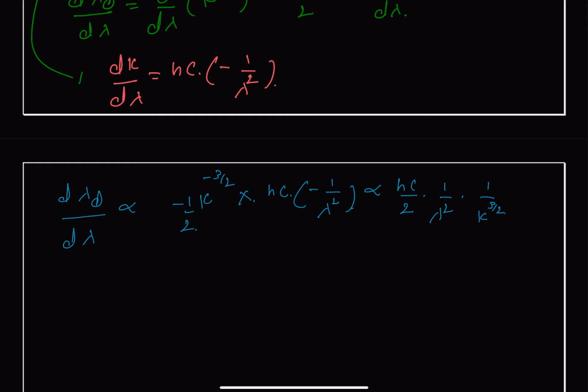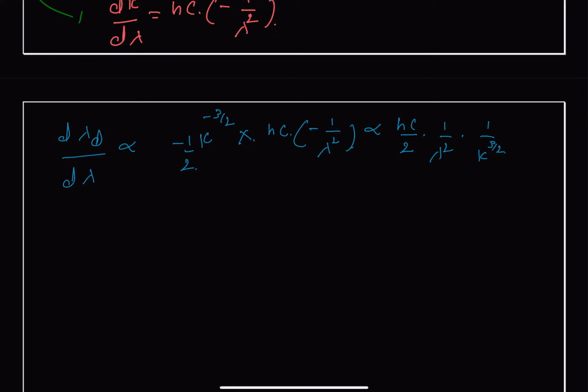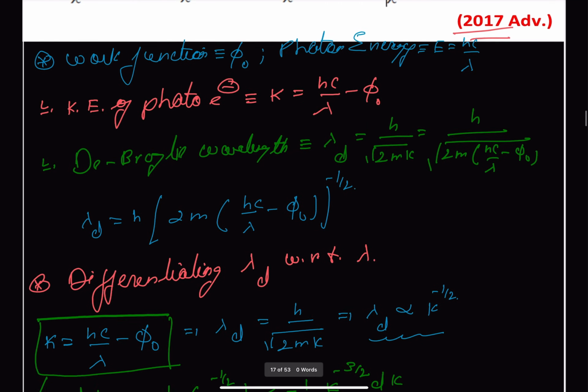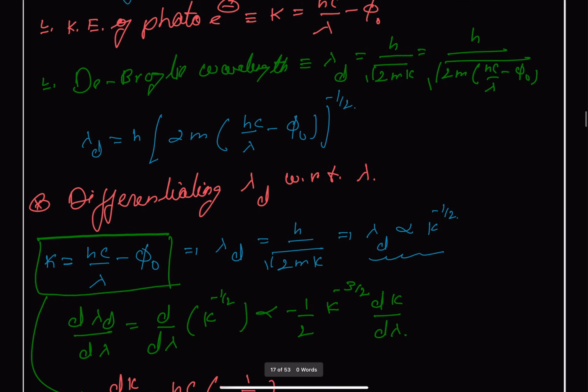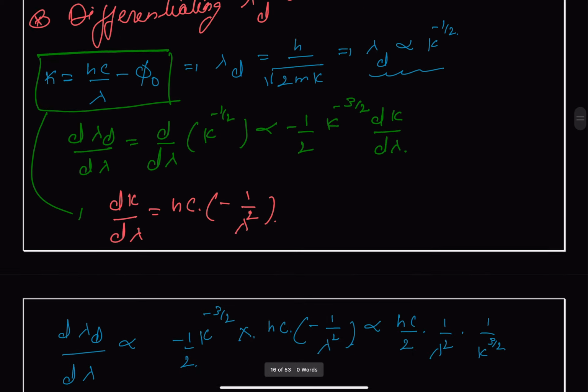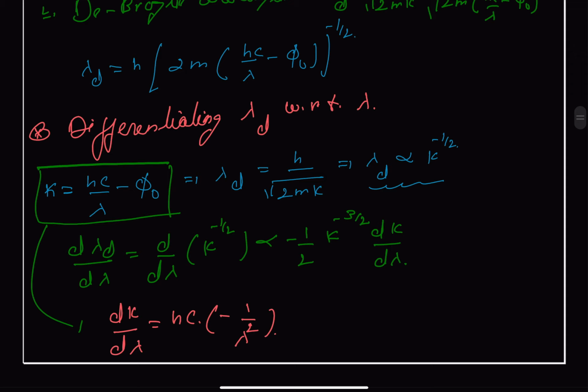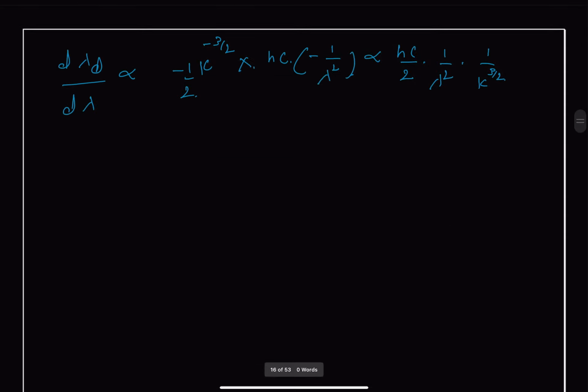And we know the relationship between k and lambda d, we already know. So we substitute from k here.